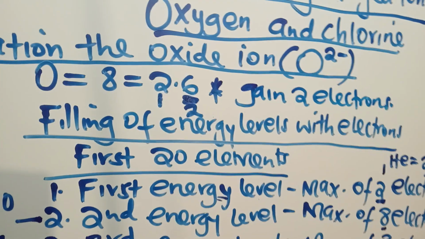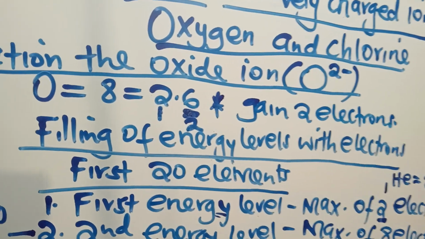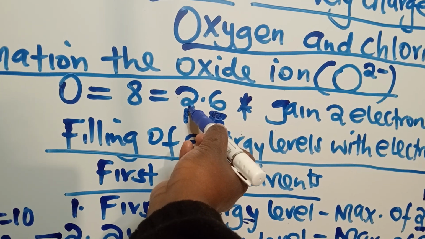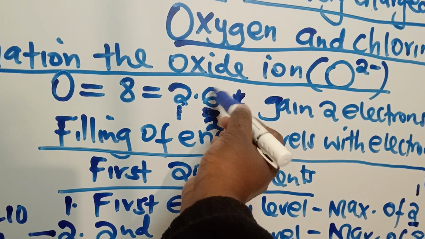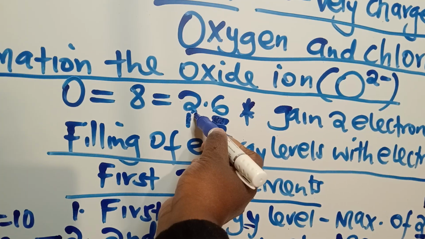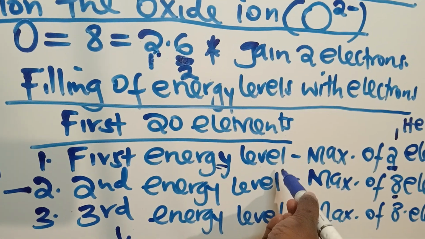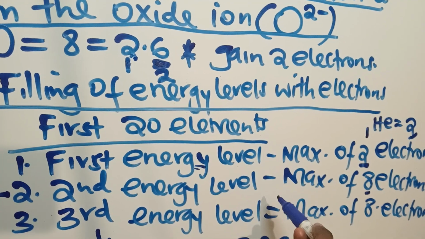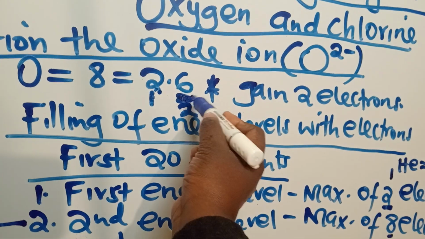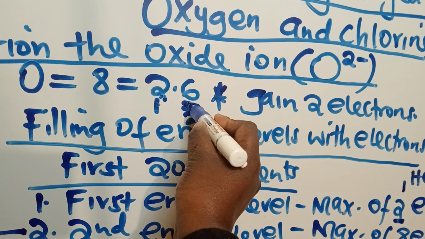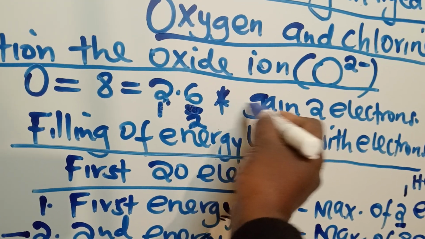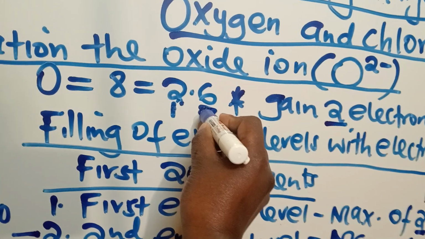Why is it gaining 2 electrons other than losing these 6 so as to go back to 2? Because if it were to lose these 6, it will go back to 2 and fulfill the first rule, where it will only be left with 1 energy level with a maximum of 2. So oxygen will lose little energy to gain the 2 other than lose the 6.